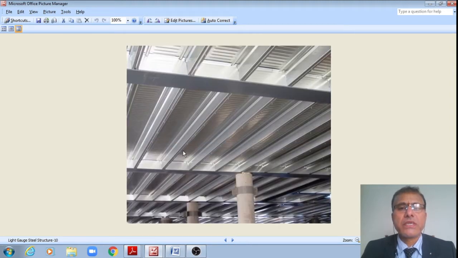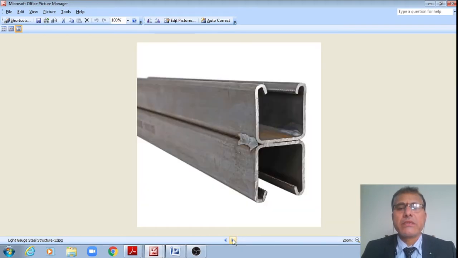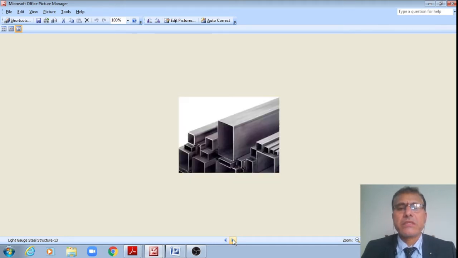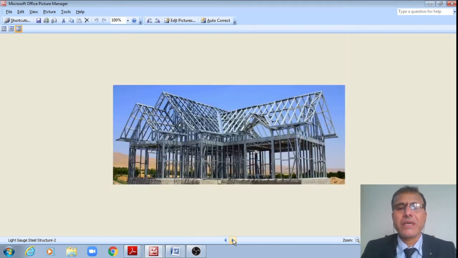This is how we'll see the design of decking, as well as the design of the beams for flexure, as well as the design of columns like this, and the design of wall studs, the different components.